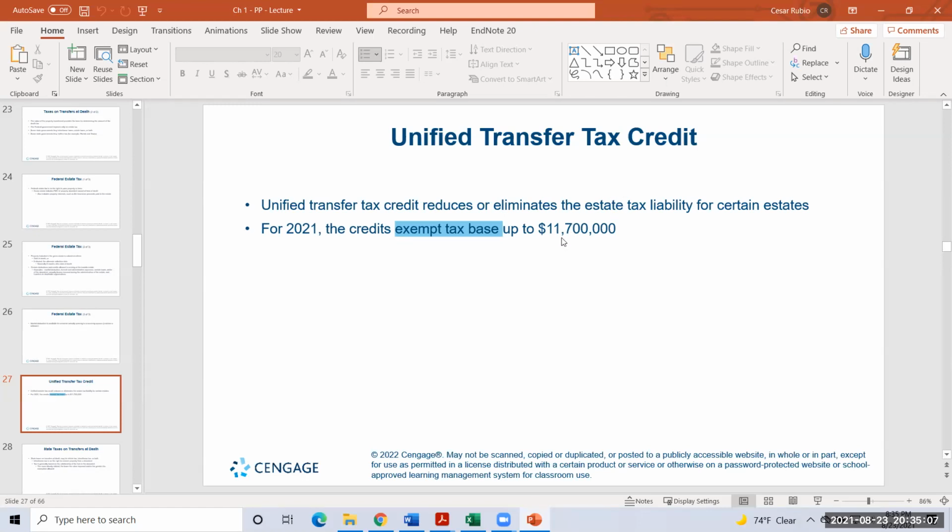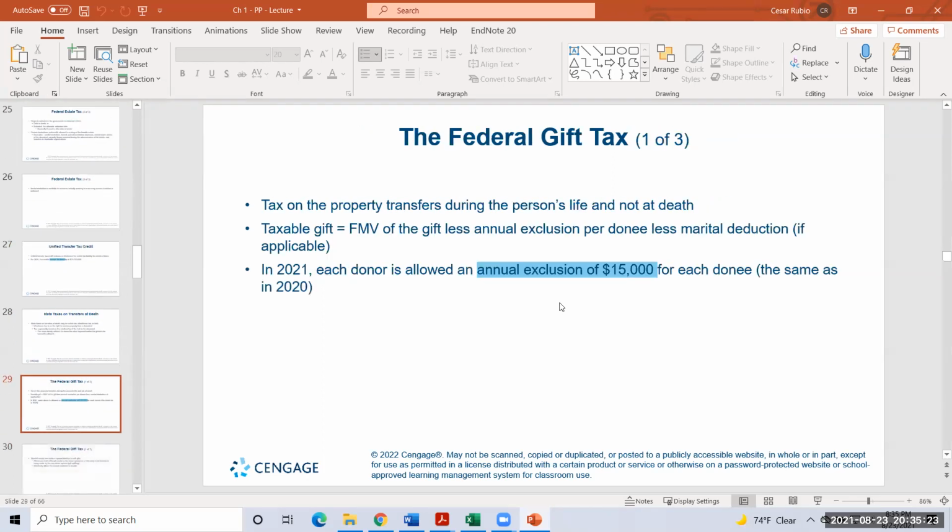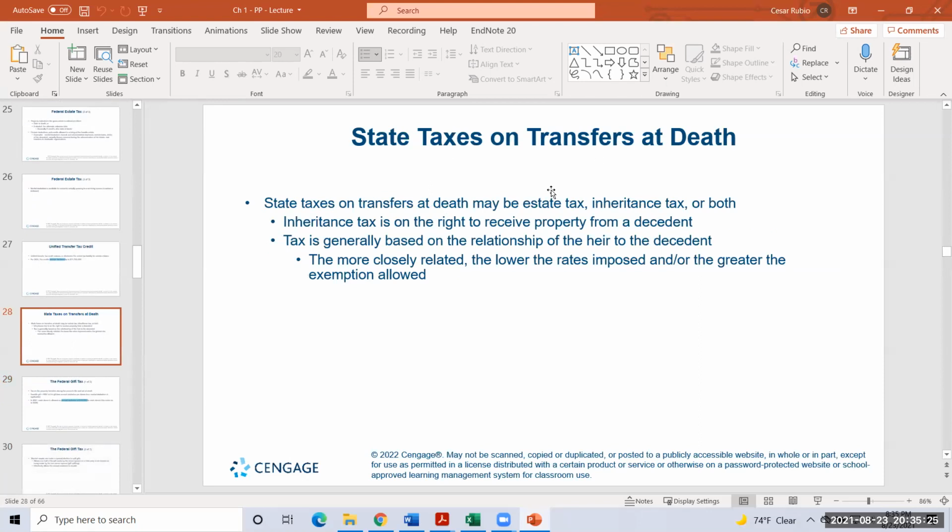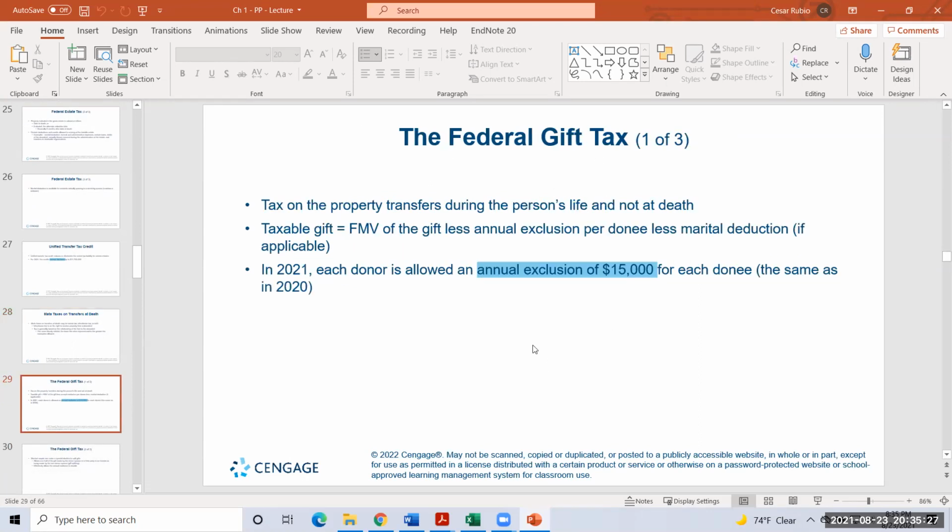So if your estate is less than that, it'll wipe out whatever you have upon death. So you may not have any of the estate tax. So mostly this estate tax is for very wealthy individuals. And of course, the state has the same, right? Transfer at death.